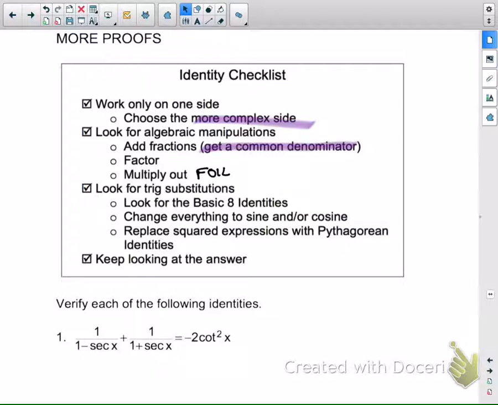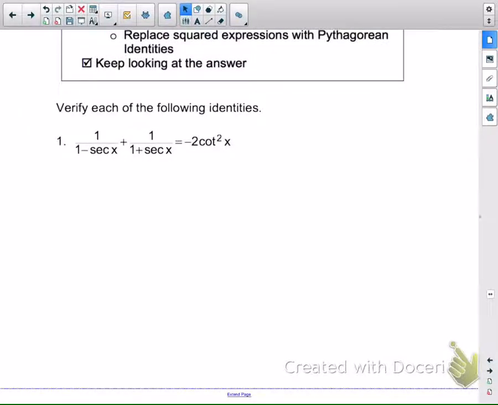All right? So we're going to do a couple of these together just to kind of practice and refresh our skills and see where we're at. And then we are going to go from there to do some extra practice on your own. Okay? So we're going to just talk about question 1 here. If I was to do a proof for this, remember your setup. Set up your left-hand side.